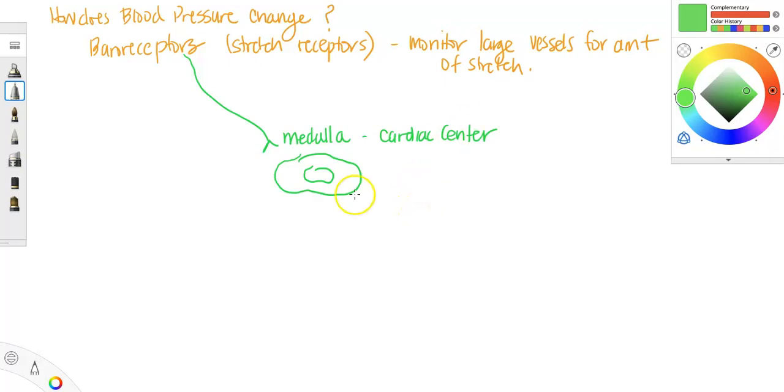So what can happen from there? A couple things can happen. So heart rate can be changed.